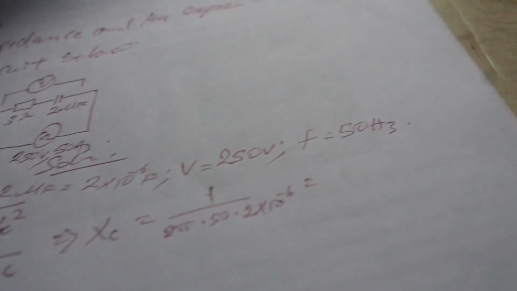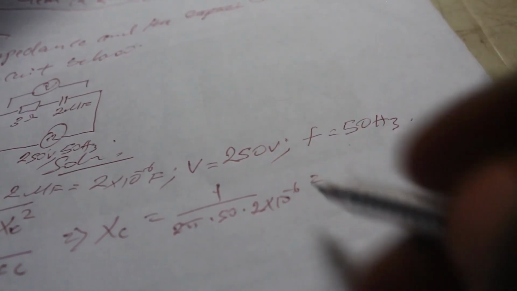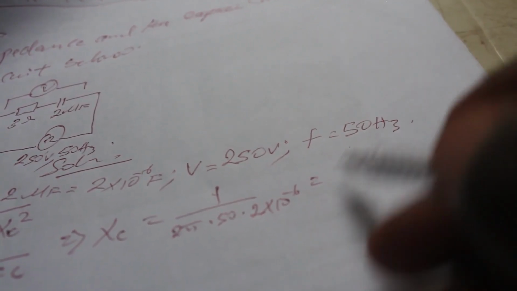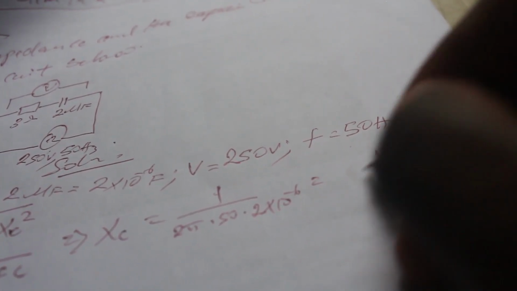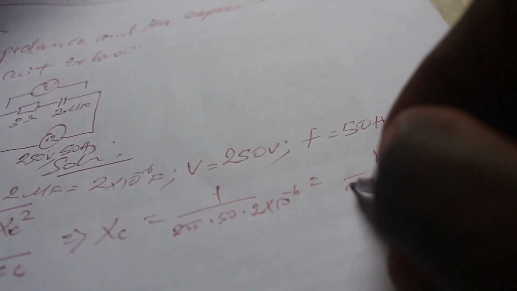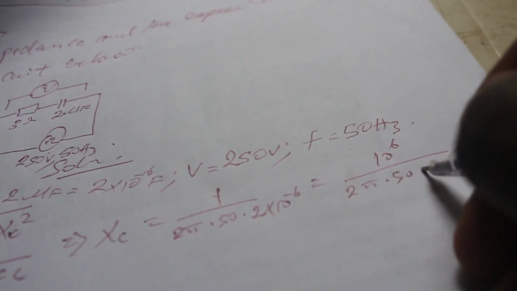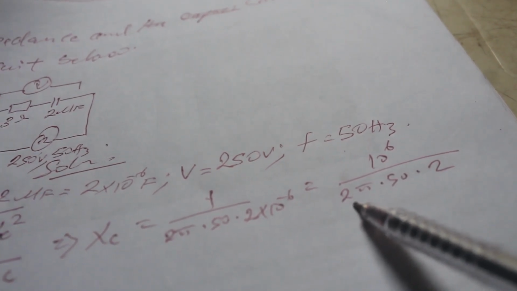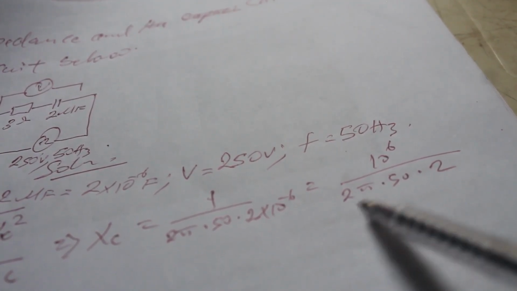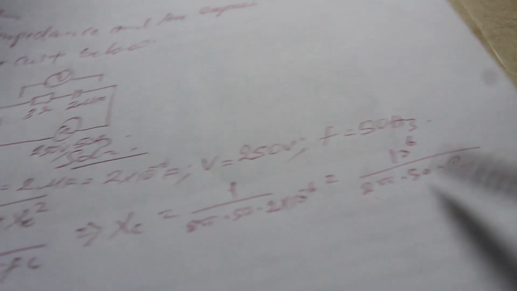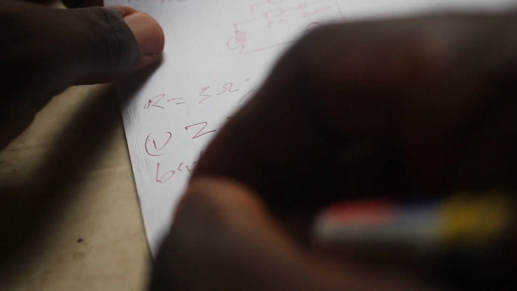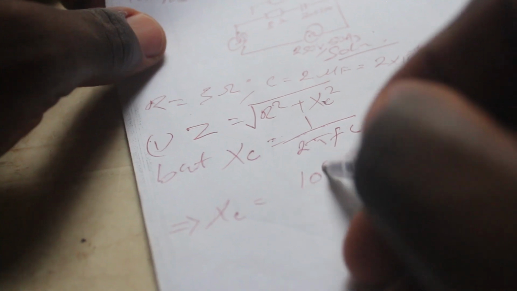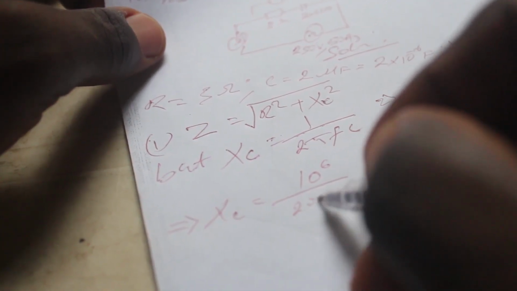Now, the 10 to the power of minus 6 will go up, and once it goes up, it becomes 10 to the power of plus 6, all over 2 pi 50 multiplied by 2. Now 2 times 2 gives us 4, so we have 4 pi. 4 times 50 gives us 200, and that implies that the capacitive reactance is equal to 10 to the power of 6 divided by 200 pi.